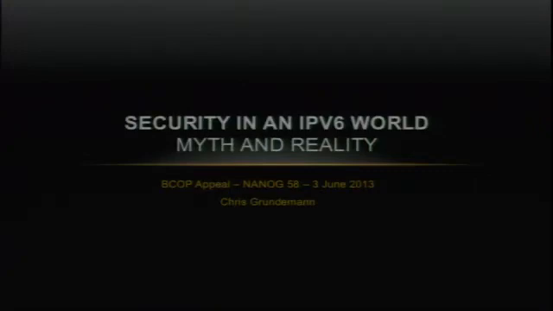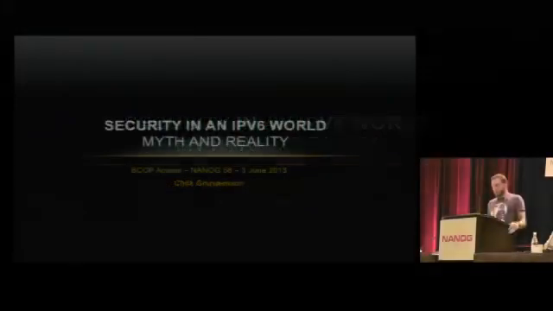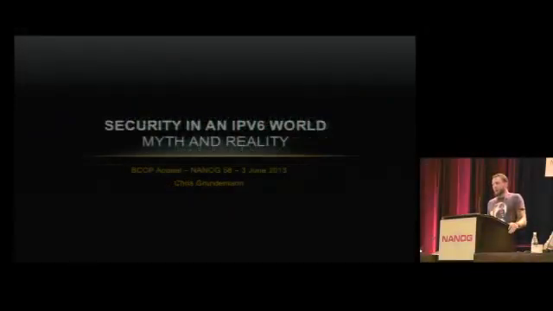So what I've done here is this is not prepared as a BCOP yet, but I was asked to put together some slides on IPv6 security myths at another conference a few weeks ago, and figured that IPv6 security in general was still kind of an unknown quantity for a lot of folks, but that there are experts out there who have laid out some very good best current practices or ideas on how to mitigate security in IPv6, many of which are a little bit different than IPv4.